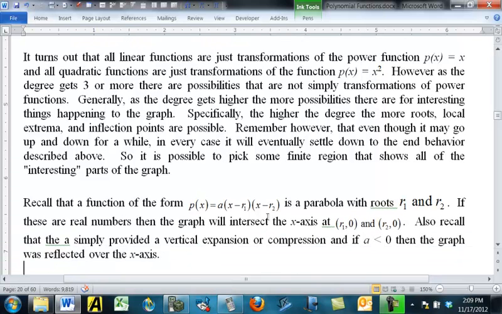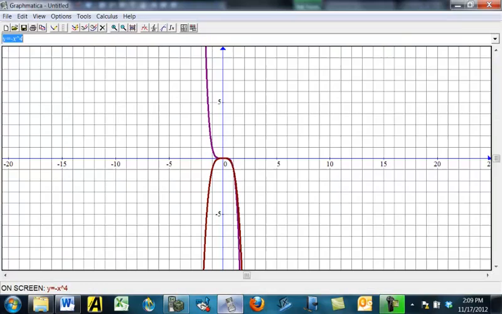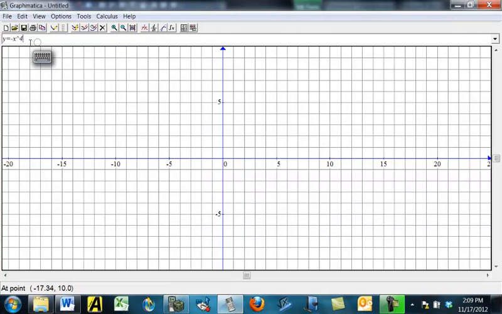So recall that if we have a function, well, let's look at it this way. Suppose I graph, I'm going to put this in factored form. So we'll look at the factored form for just a minute, and let's start with linears. So we'll do the factored form, 3 times x minus 2.